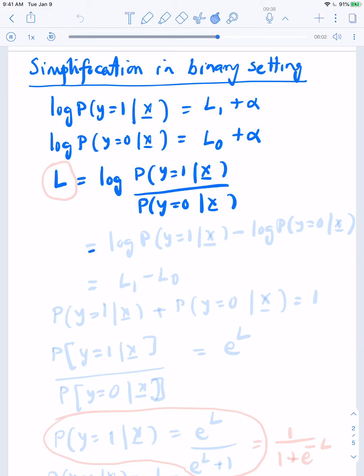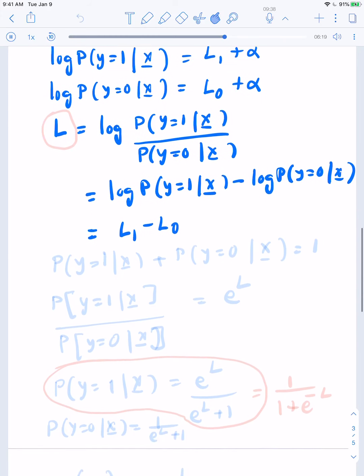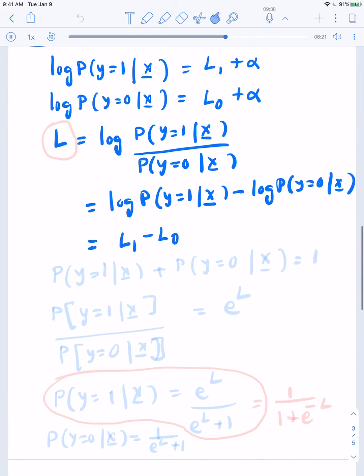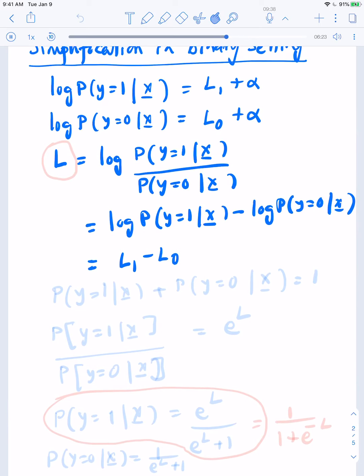So this is the log of the probability of y equals 1 given x minus the log of the probability of y equals 0 given x. And note here that the alpha just cancels out. We get L1 minus L0. We don't get any nuisance terms anymore. So this is the form of the LLR that we use for binary classification.